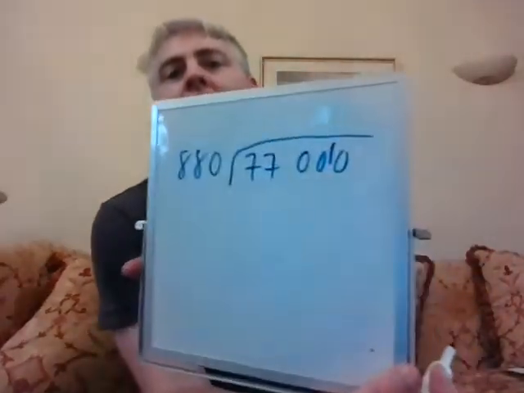Now, if you did it without a calculator, on paper or in your head, this is how I would do it. I've just written a line there. So I would say 7,700, divide that by 880, and it gives you 8.